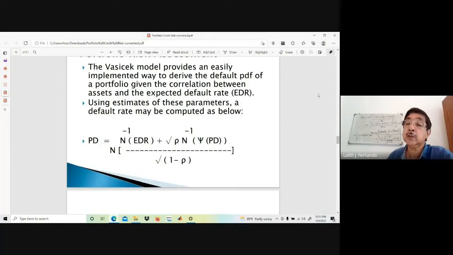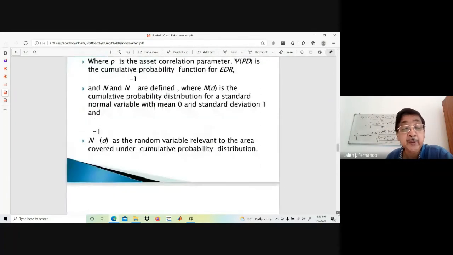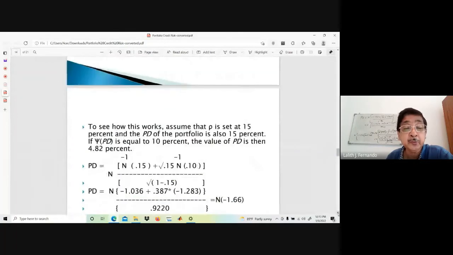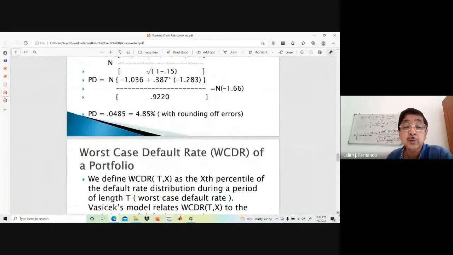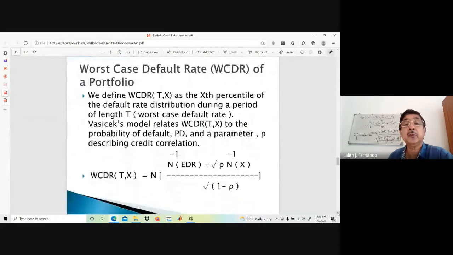Right. Now we will go again to the presentation. Now a more detailed one again we need to do. We call it the worst case default rate of a portfolio.